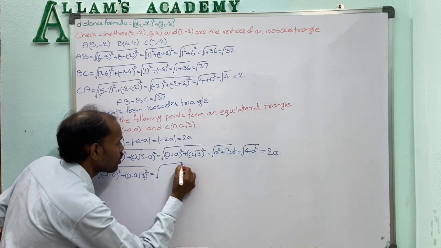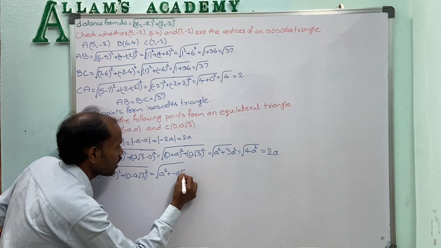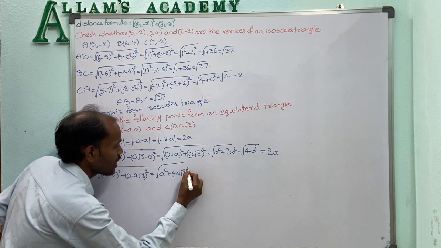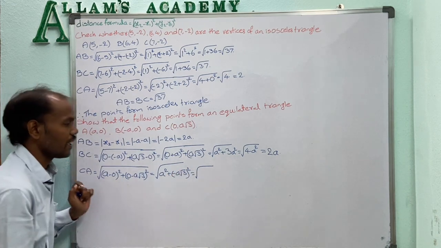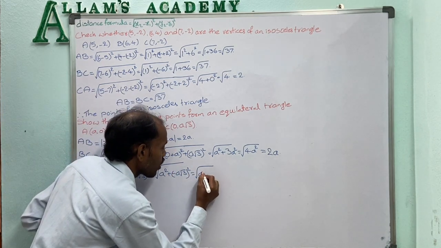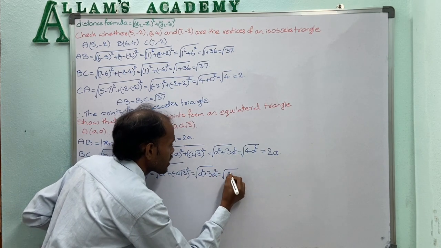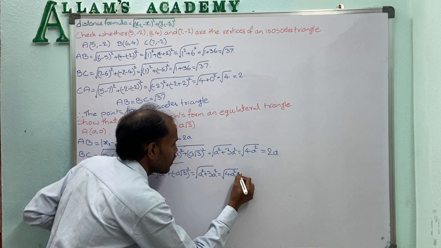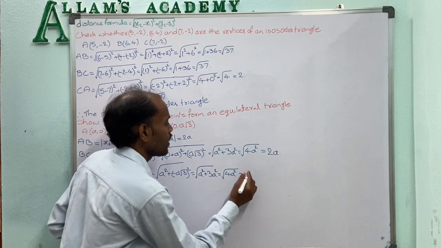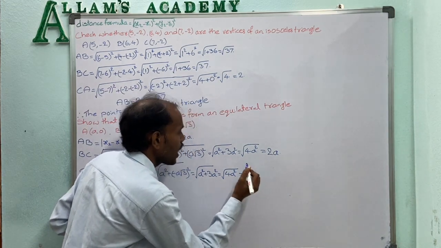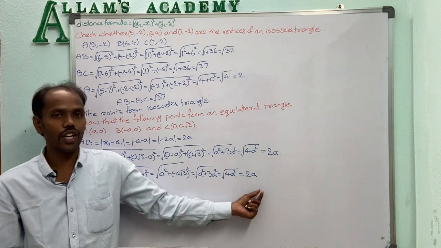So the square root of a square plus minus a root 3 whole square, which is a square into 3, that is 3a square. So the square root of a square plus 3a square equals the square root of 4a square, which is 2a. The length of the side CA is 2a units.